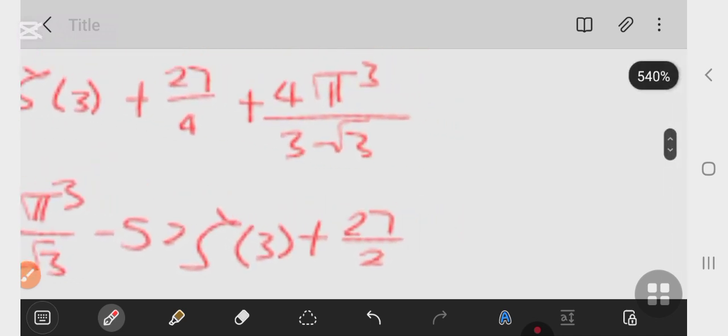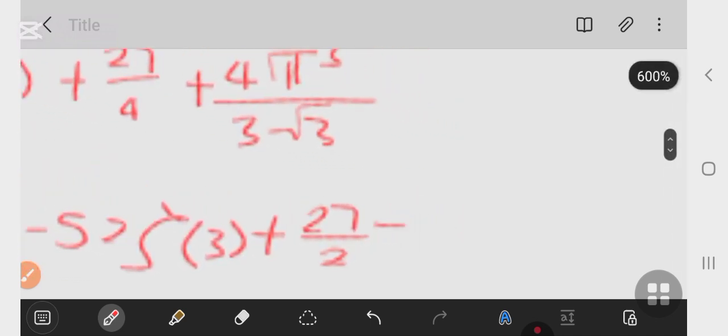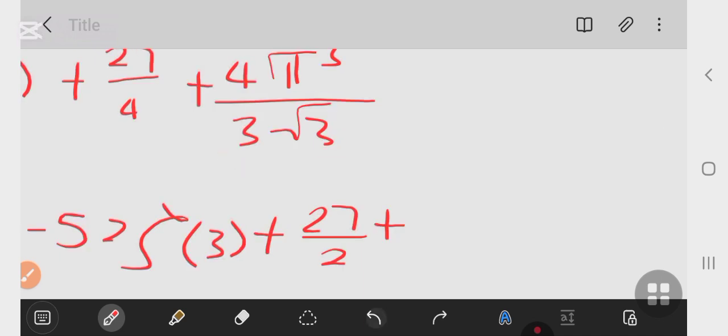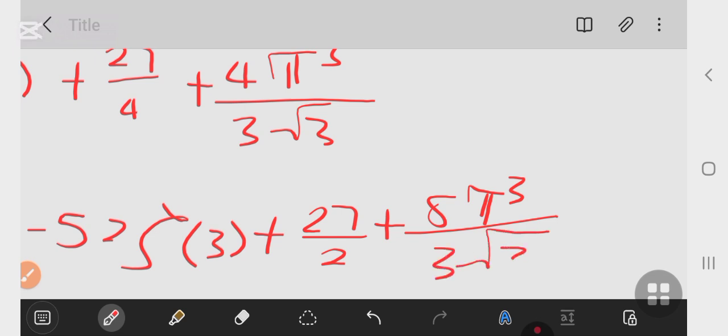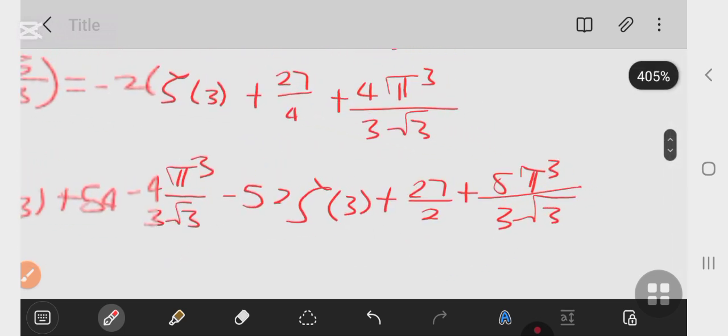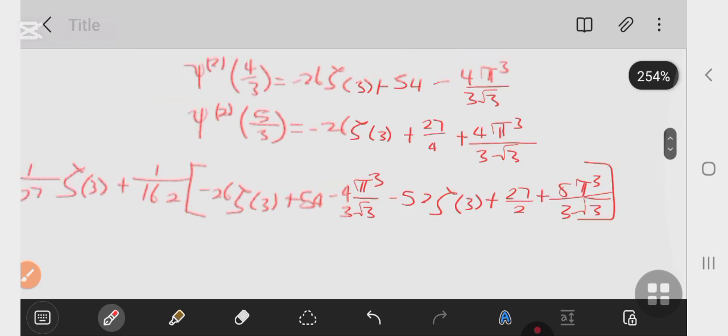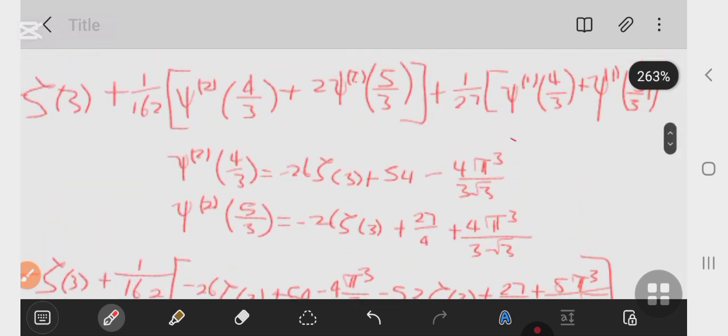Then when 2 multiplies this last one, I'll have 8 pi cube all over 3 root 3. Okay, let me close my brackets. Now for these other parts, let me quickly erase this.